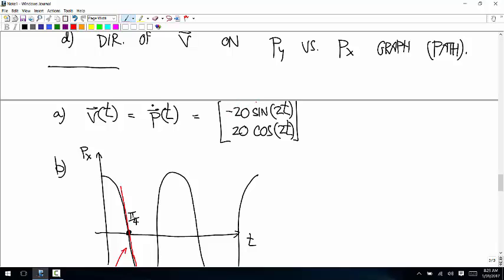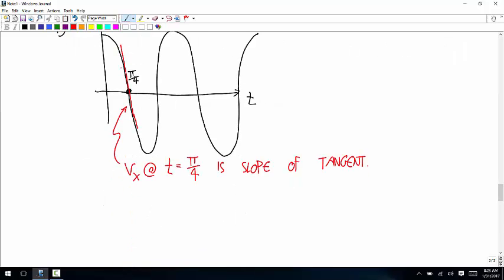What's negative 20 times sine of 2 times pi over 4? Negative 20, yep. And does that make sense with the tangent line that I drew? Could that possibly be the slope of that tangent line? Yeah, right. We know it's negative.